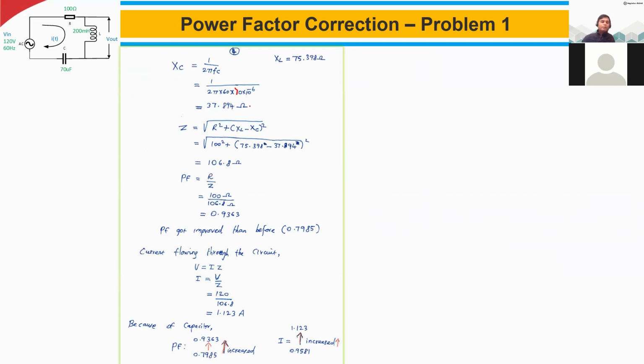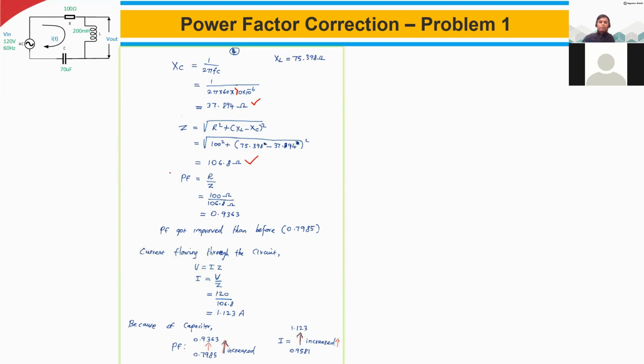The value is correct. So now we find this reactance value using this formula. And now we have to find the total impedance value. Impedance is equal to the same formula we have used, the square root of R squared plus the square of XL minus XC. So apply the values and you will get the impedance value.